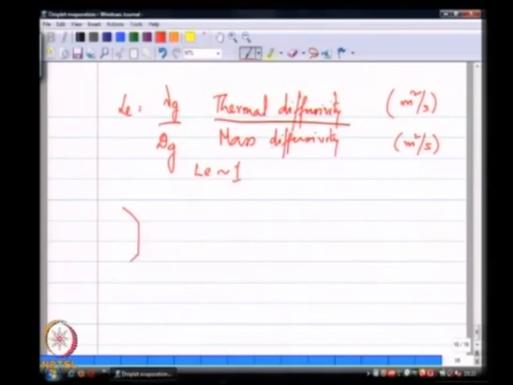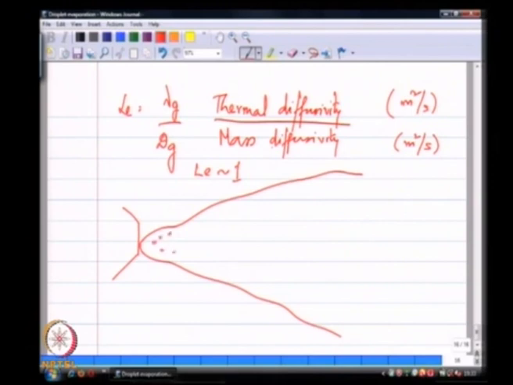Okay. So, if I think of a spray for a moment, there are lots of drops that are produced. I am drawing a cartoon just to show the difference between the dilute and the more dense spray.